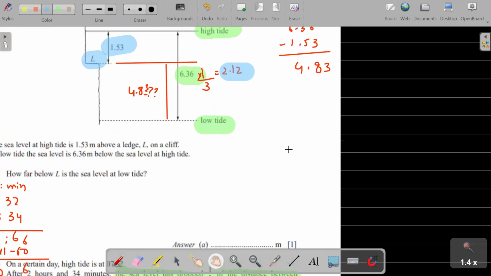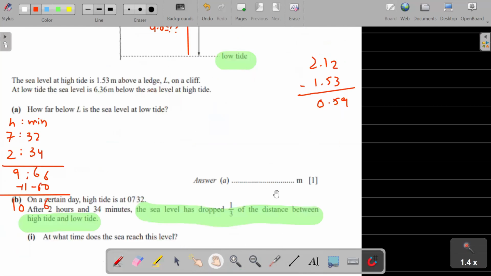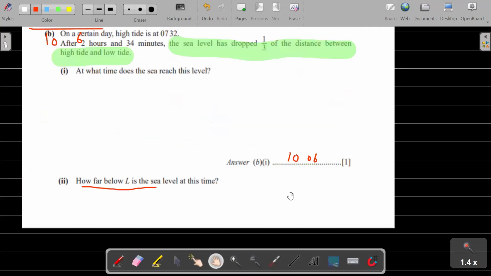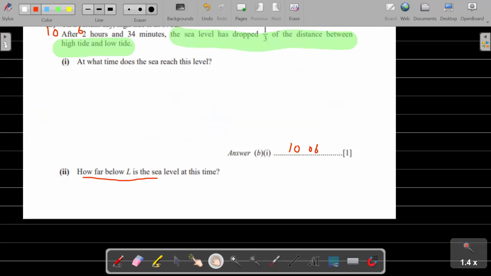It is 2.12 minus 1.53. By subtraction, you can see that it is 0.59. That is our length. 0.59 meter is how far it will be.